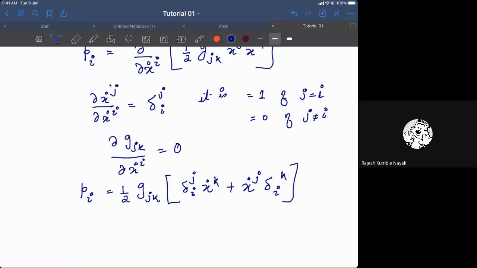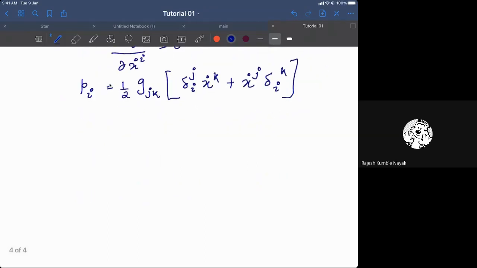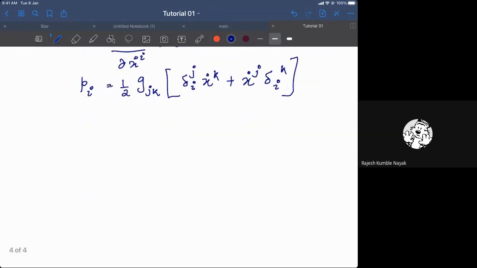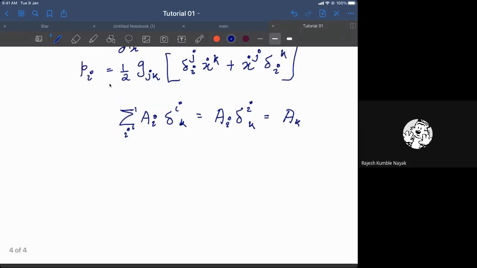Now you see that the basic rule about the delta ij is that any summation would simply go away. Delta ik a_i, that is also equal to a_k in the Einstein notation. So this is a property of delta ij.